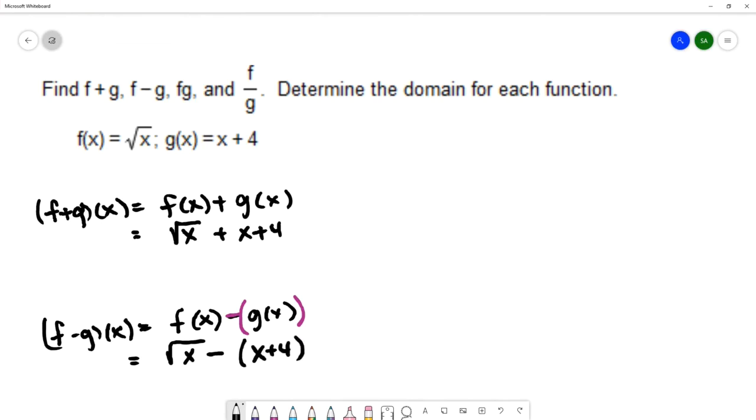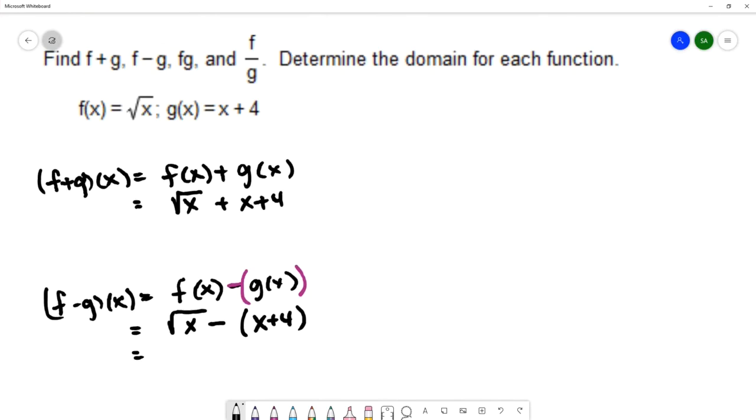So we put parentheses around all of g of x so we can subtract all of it. We'll distribute that negative, so we get negative x minus 4. And there are no like terms here. So we've got our function f minus g of x to be square root of x minus x minus 4.